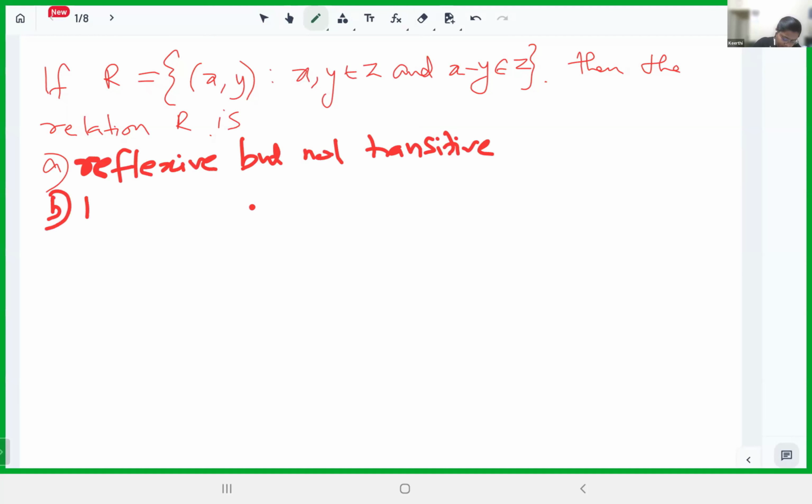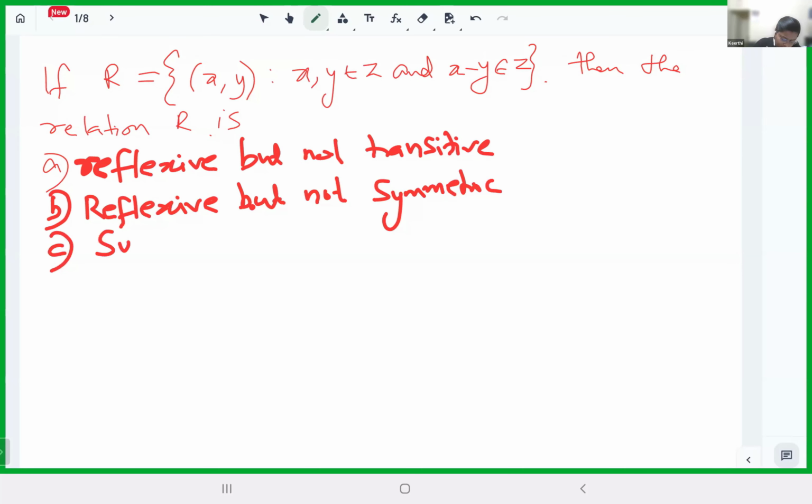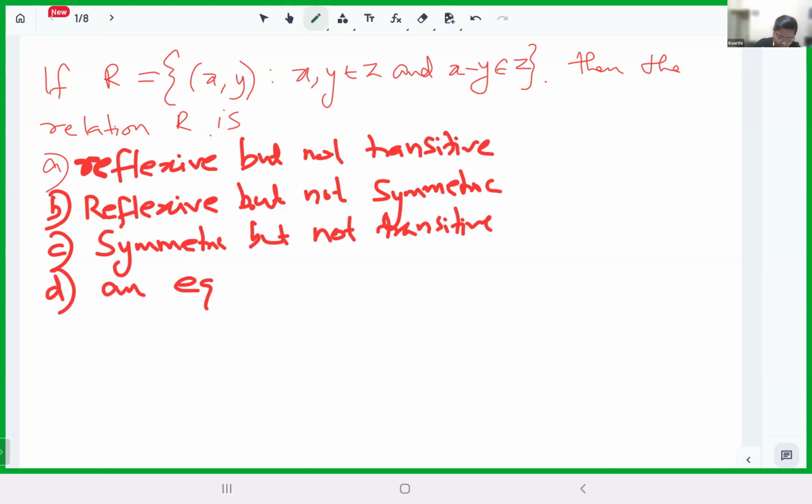B, reflexive but not symmetric. C, symmetric but not transitive. D, an equivalence relation.